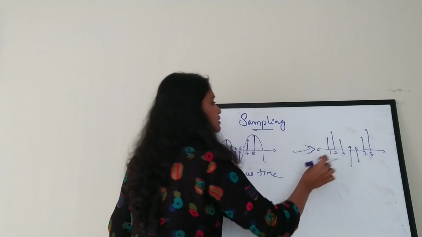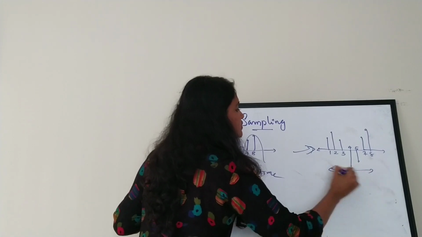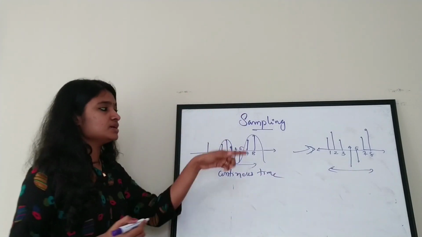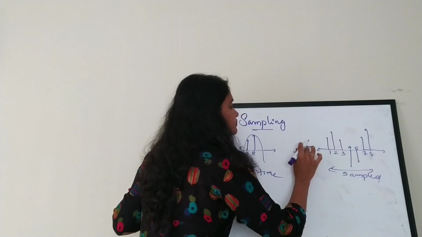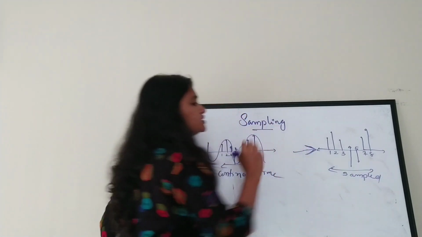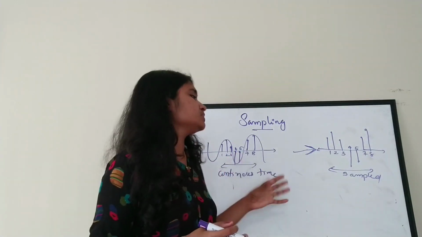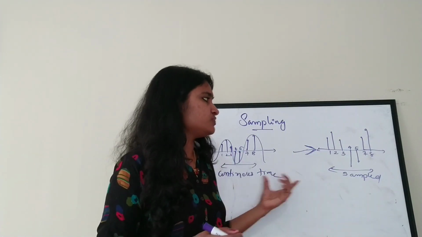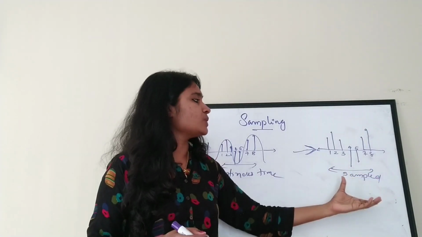Okay. So if you take this much portion of the signal, the sampled signal will look like this. So this is the sampled signal now. So we have converted that continuous time to discrete time. The difference is that this is continuous in time, this is only discrete. That is, only discrete values are present.